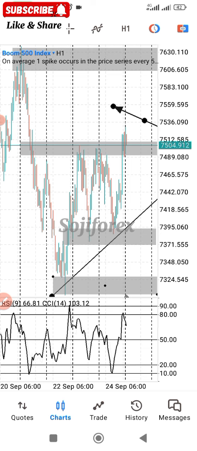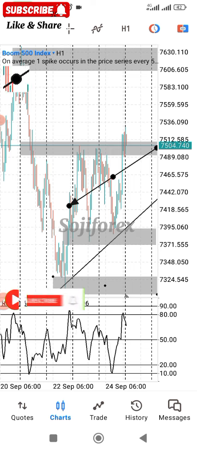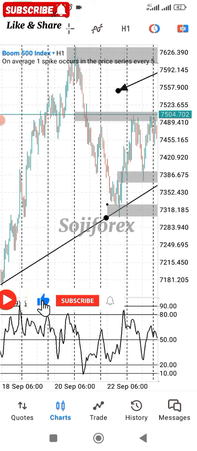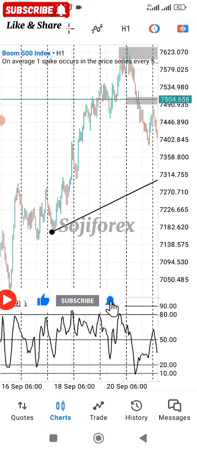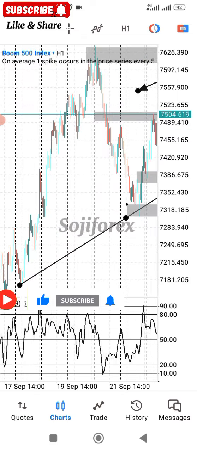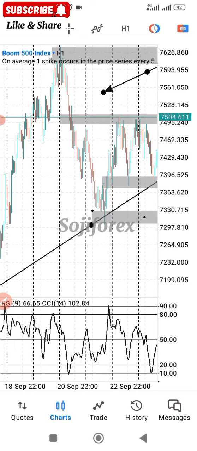Number 2, connect your trend line so you can determine the trend of the market. If you don't know how to connect your trend line, we have discussed on this channel exactly how a trend line can be connected.